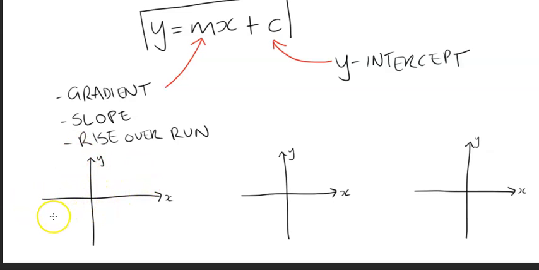The first one, when we sketch a line from left to right, if it is going up from left to right, this gradient is considered positive. This is a positive gradient. So when we have an m value within here, this m value has to be a positive number. It has to be greater than 0. So m has to be greater than 0.